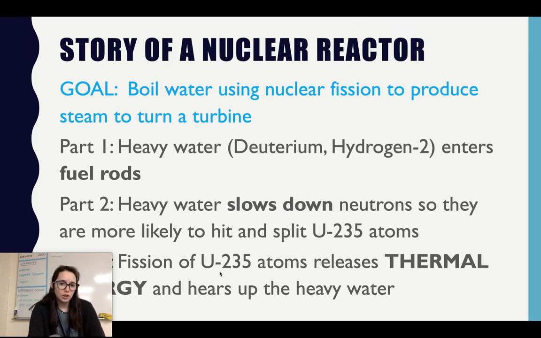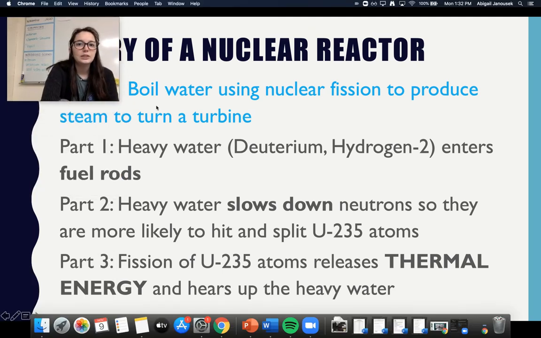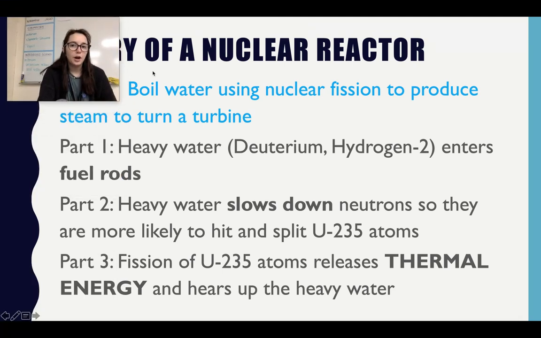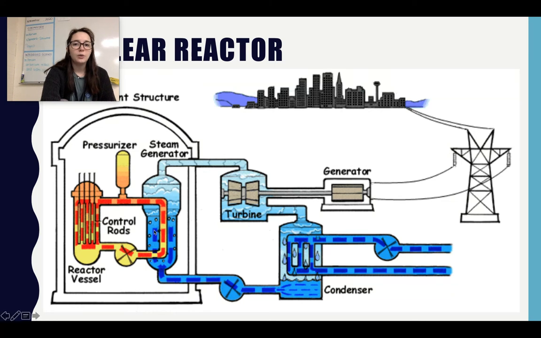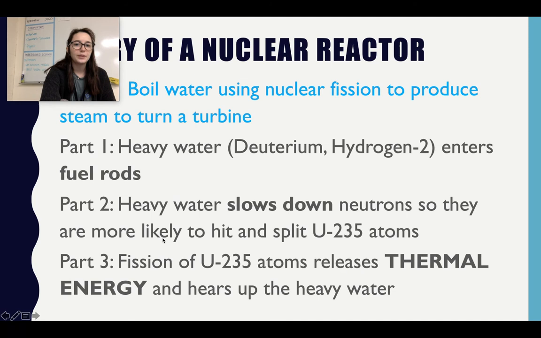So essentially, we're going to break it down. I'm going to move to the top. In part one, we have heavy water, which is deuterium, hydrogen-2, and it enters my fuel rods. The heavy water slows down neutrons, so they are more likely to hit and split U-235 atoms, because in this case, I really want to split U-235.